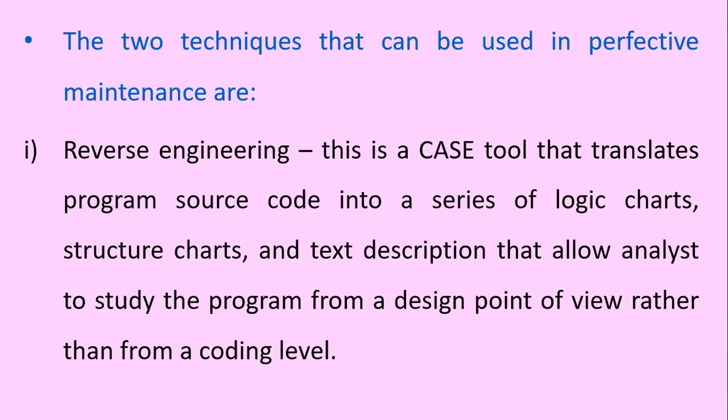The 2 techniques that can be used in perfective maintenance include: number 1 is reverse engineering. This is a CASE tool that translates program source code into a series of logic charts, structure charts, and text description that allow analysts to study the program from a design point of view rather than from a coding level.